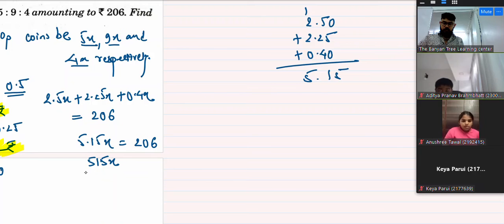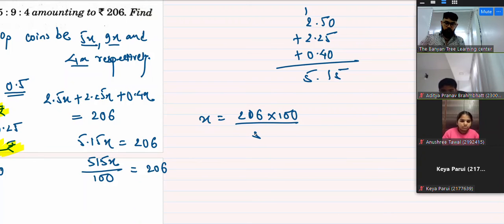515x by 100 is equal to 206, right? So x is equal to 206 times 100 upon 515.